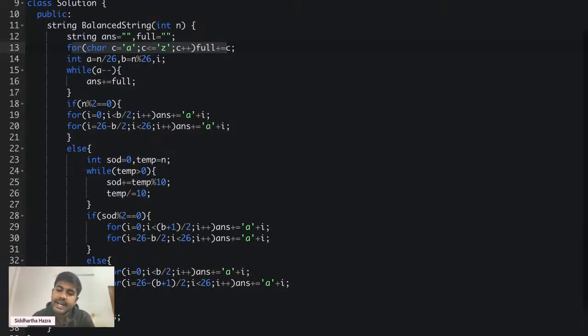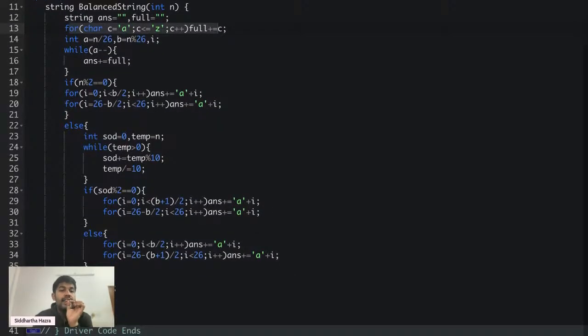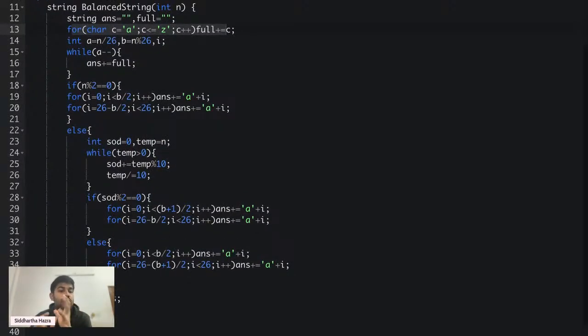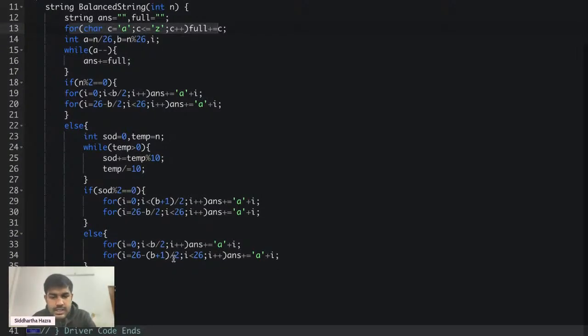Okay, so you can take it b minus 1. B minus 1 and b both would perform the same. But I did it so that you know how the default thing works in C++. If you use b minus 1 at this point also, it would do the same thing.